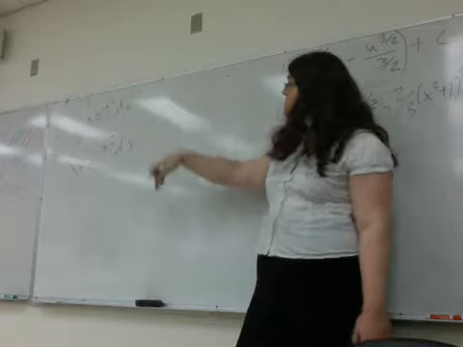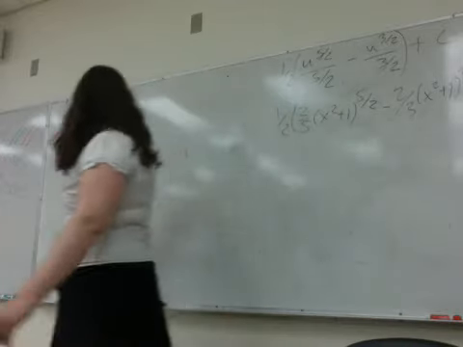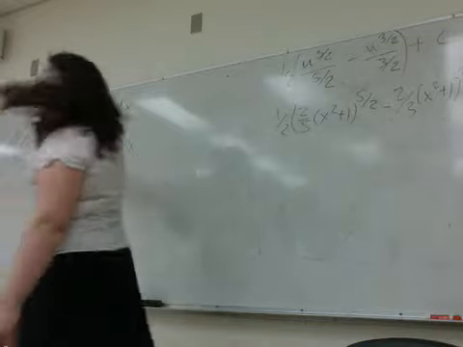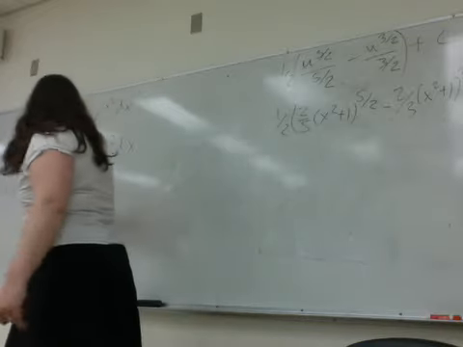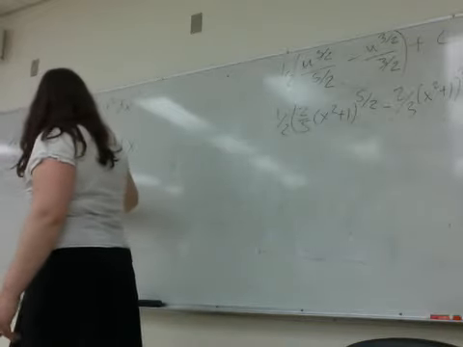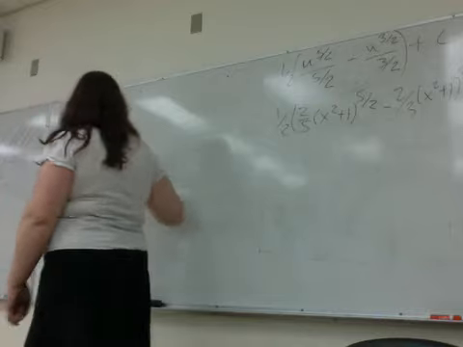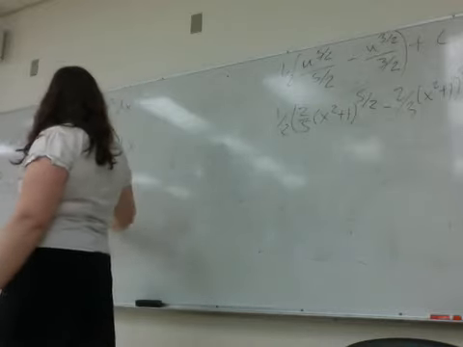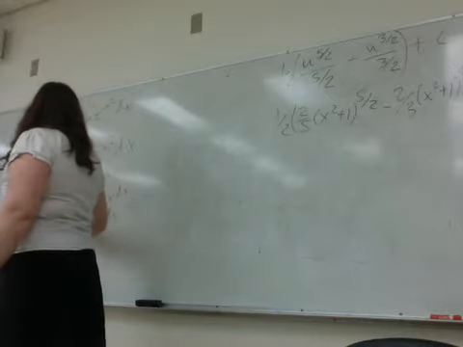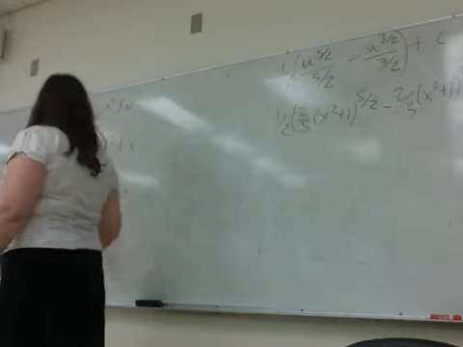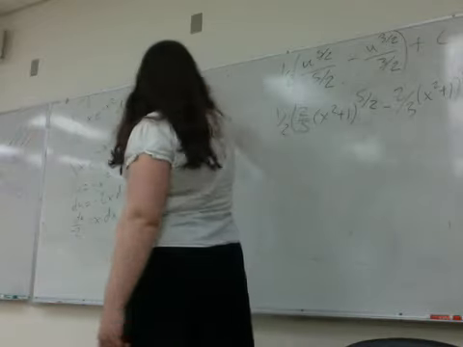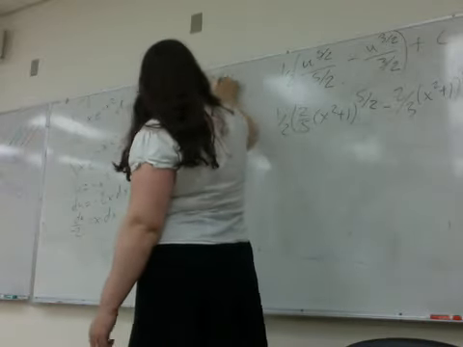Take off the limits of integration, do it like this. So u is negative x squared, that's the inside function here. Du is going to be negative 2x dx. Divide both sides by negative 2 because we have an x dx here. X dx is going to become du over negative 2. So this will become the integral of e to the u du over negative 2.